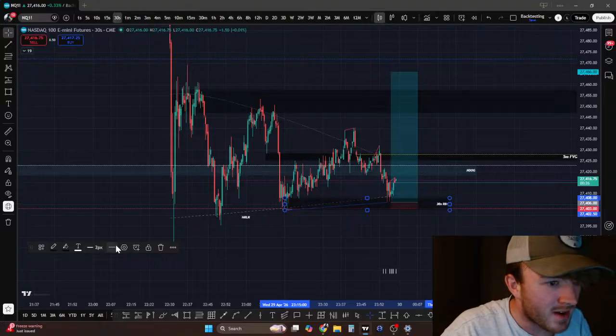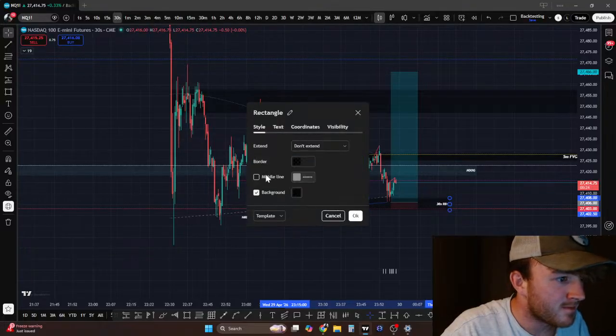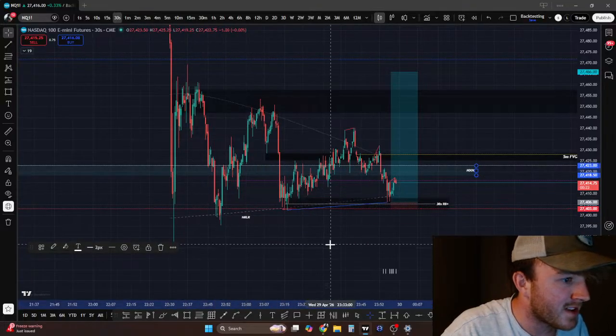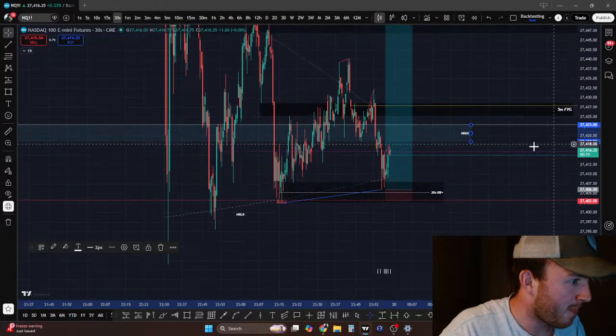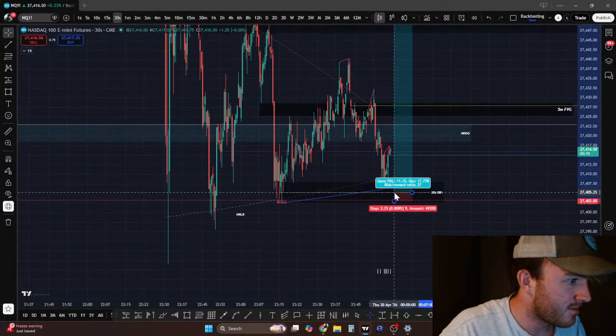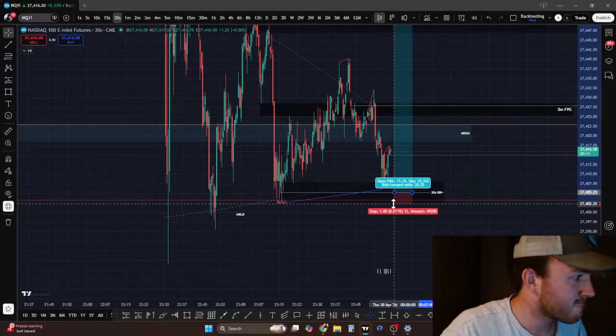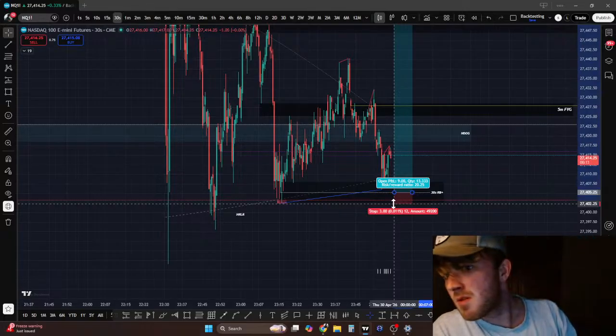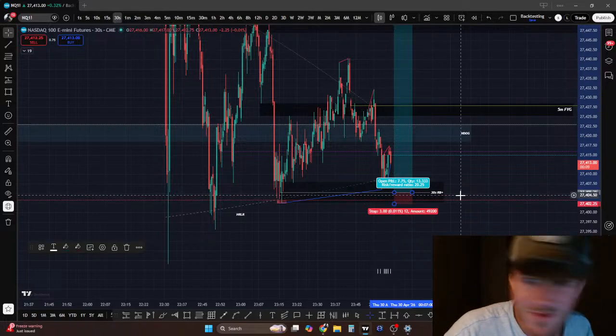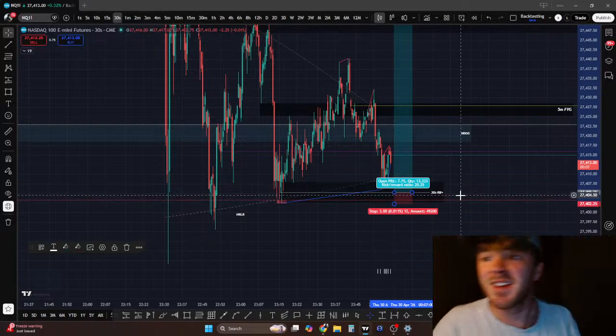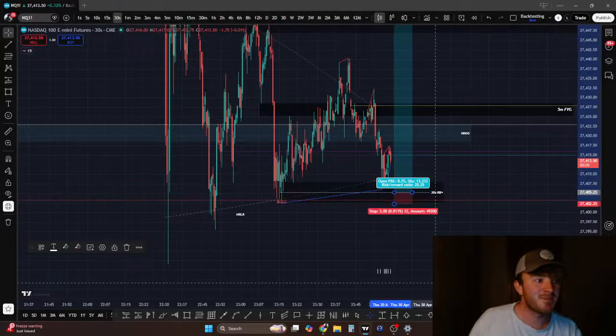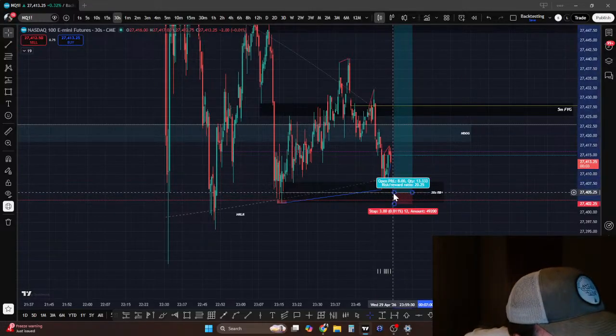Oh yeah, I wanted to mark out the midpoint. See how we haven't hit it? This is gonna be fun, okay? This is my stop loss and TP. This might bottom ticket. I'm being so serious.